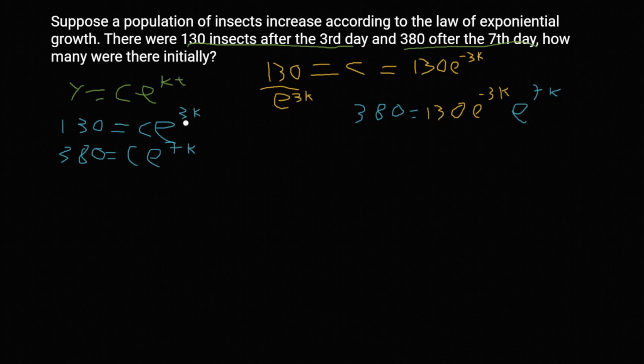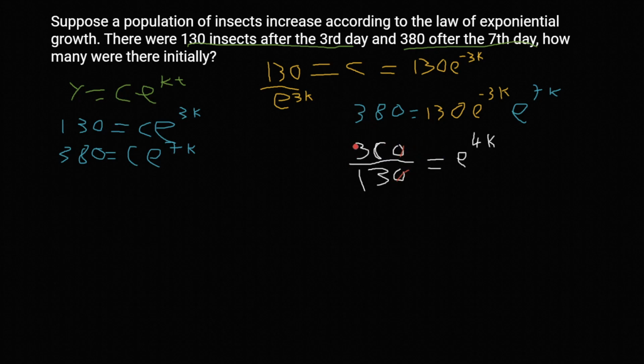And then we're also, in one fell swoop, going to just divide 380 by 130, to get our exponential on one side, and just no constants. And then we're going to add these exponents. So that's going to be 4k. To just kind of clean up some of the math here, the tens digits will cancel.